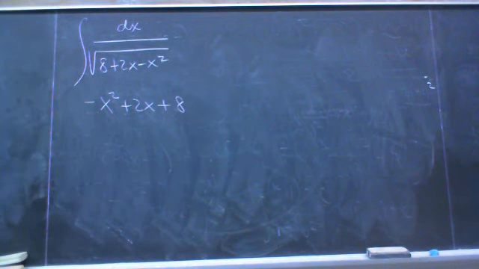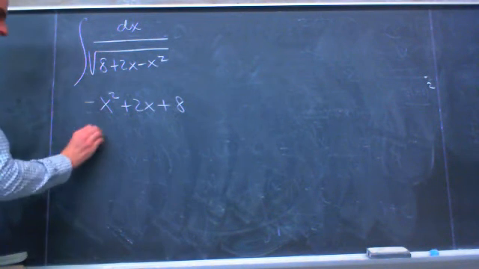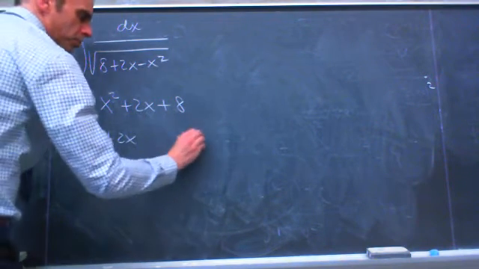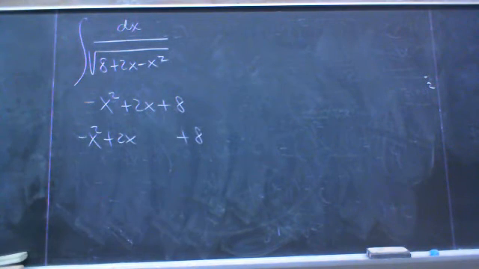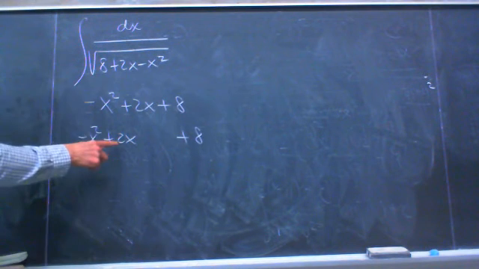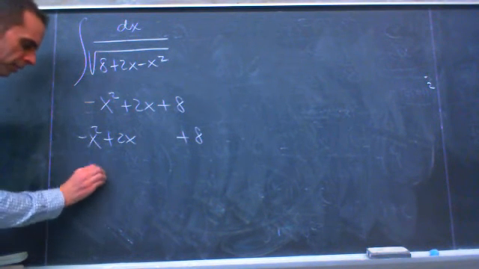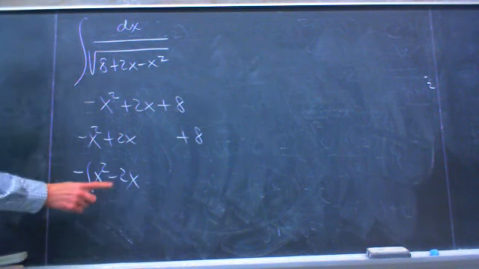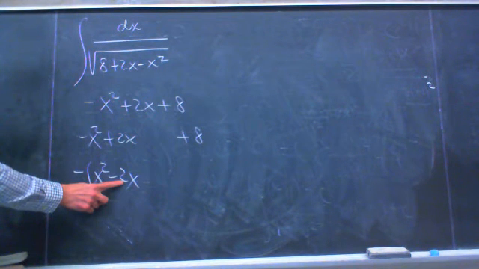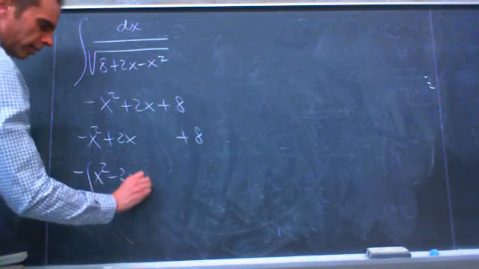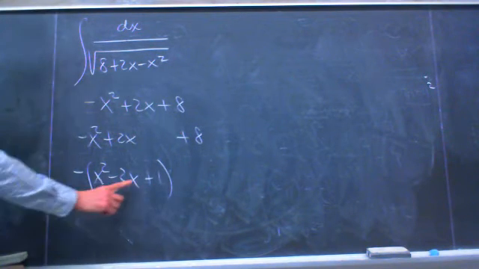Okay? Again, separate the constant. So put that constant on the back burner. You can't complete the square. This is a negative 1, so we've got to factor out that negative. Half of 2 is 1. Squared is 1. But I really haven't added 1.